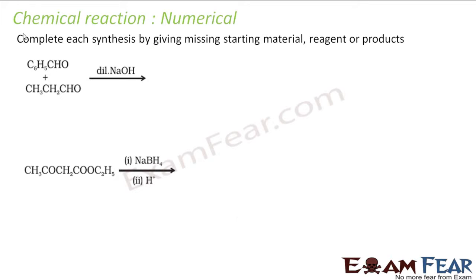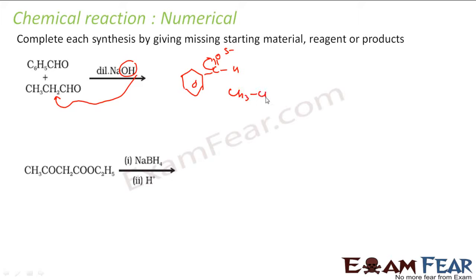So this will be aldol condensation. This is not having any alpha hydrogen. This has alpha hydrogen. So OH minus will first pick this alpha hydrogen. Correct? And this becomes a carbanion. And then this will attack this. So if you see this, now this will become slightly negative, slightly positive.